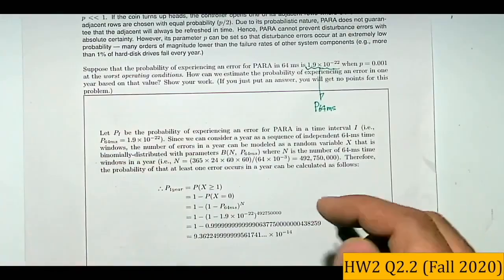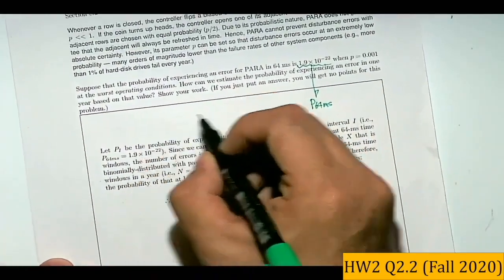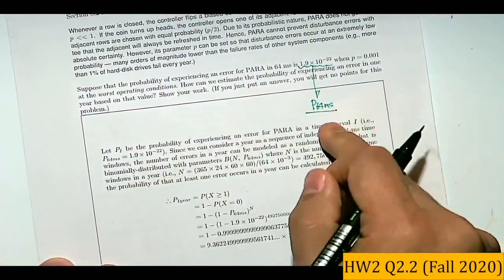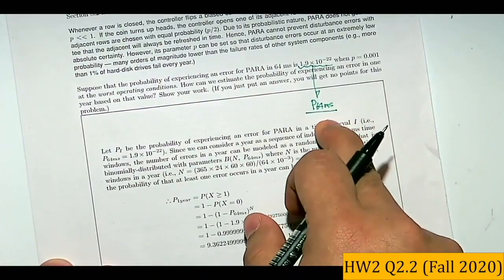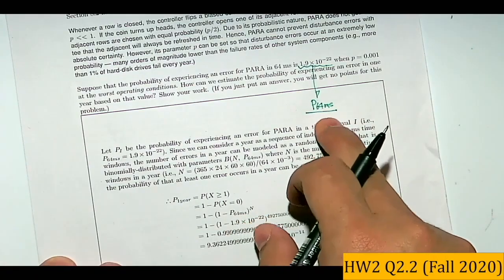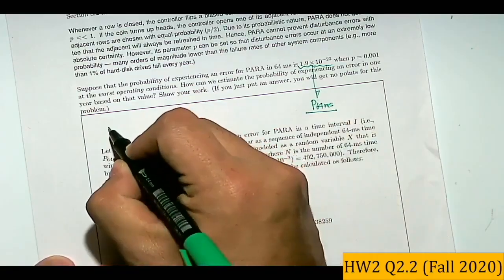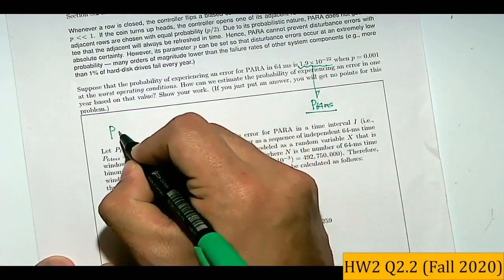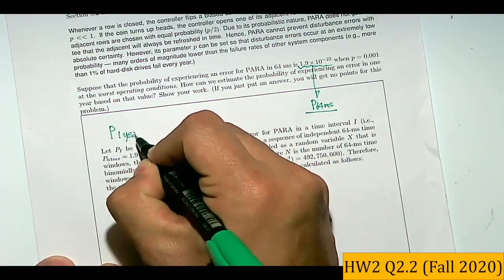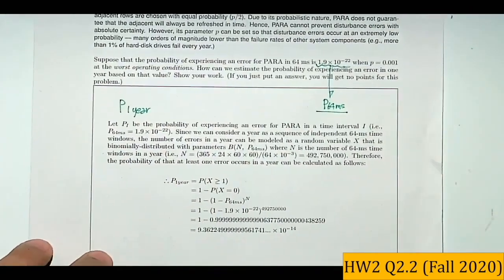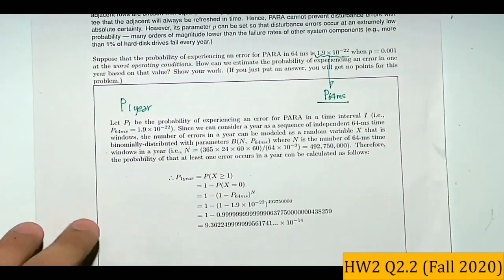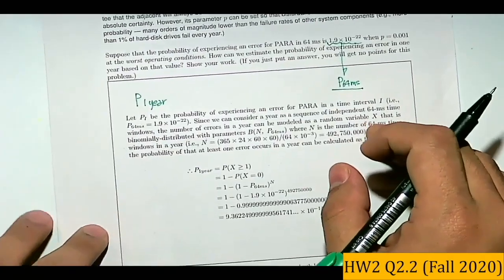So this is the probability of experiencing an error for 64 milliseconds, and the question is to get this, which is the probability of experiencing an error for PARA in a year.